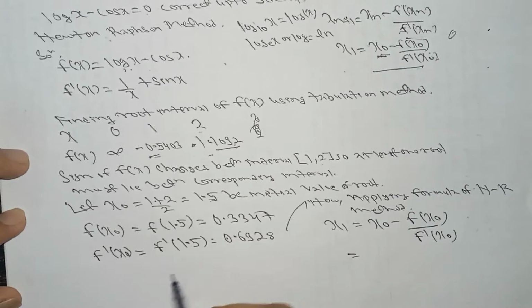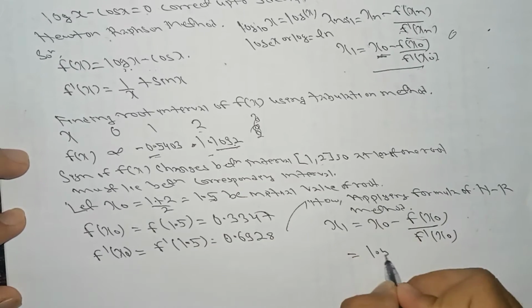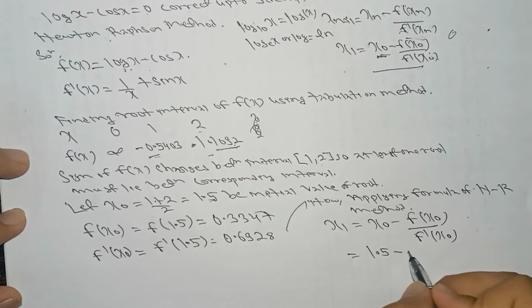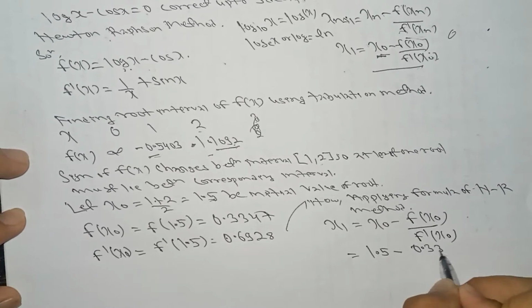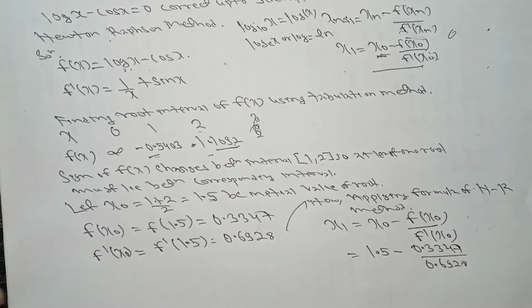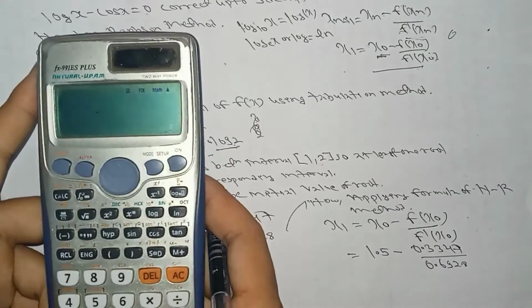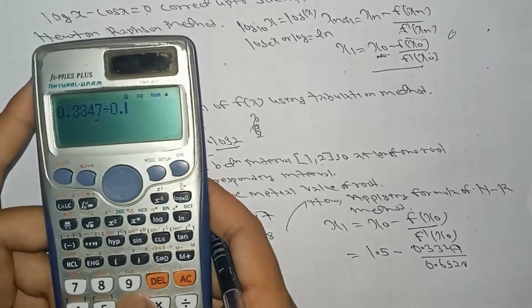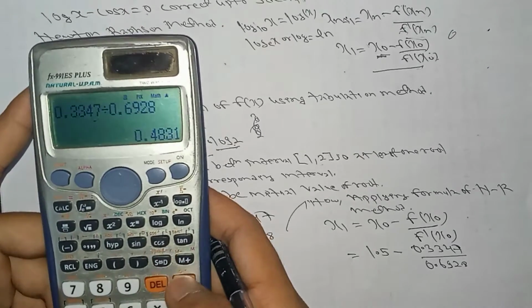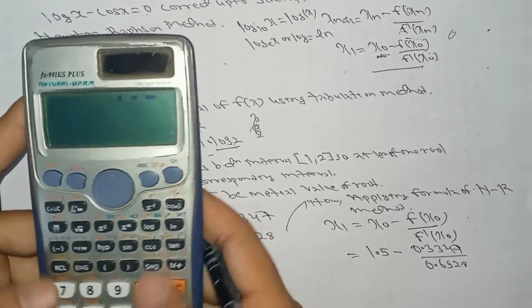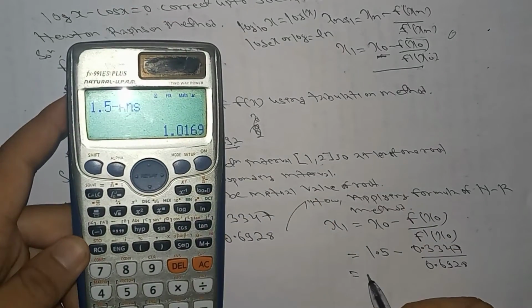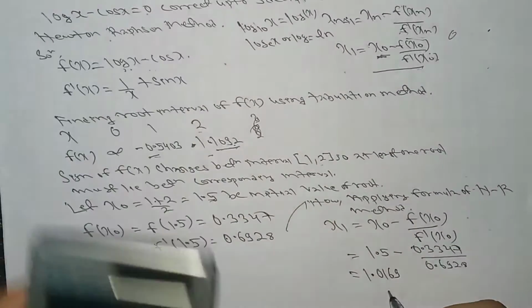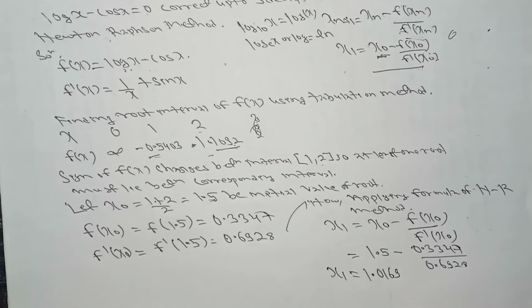So here x0 means 1.5. 1.5 minus f of x0, which means 0.3347, by 0.6928. So we have obtained this. So 1.5 minus the answer, we have obtained 1.0169. Okay, the value of x1 we have obtained is this.